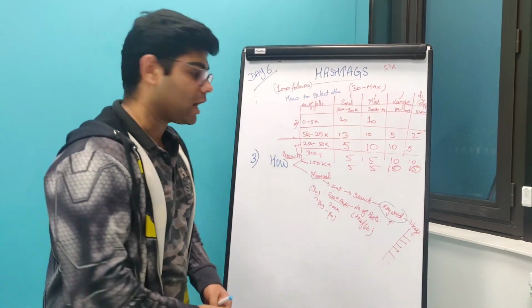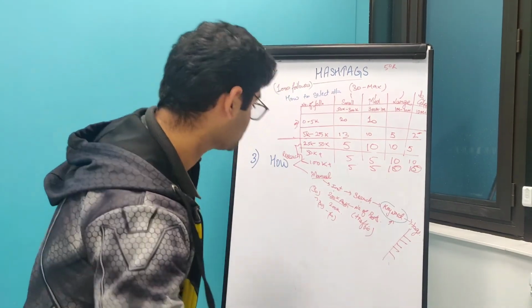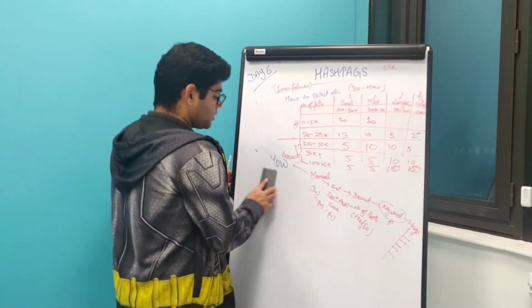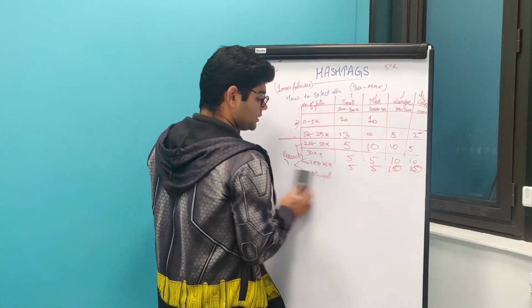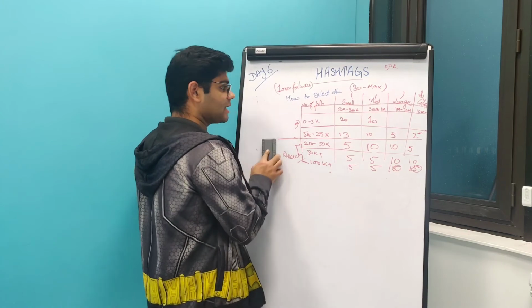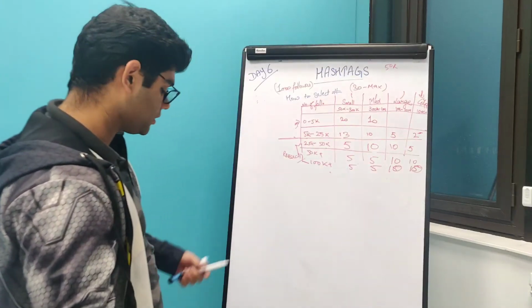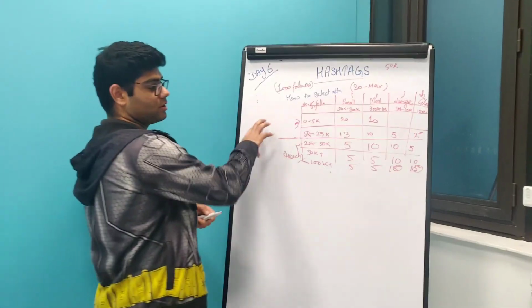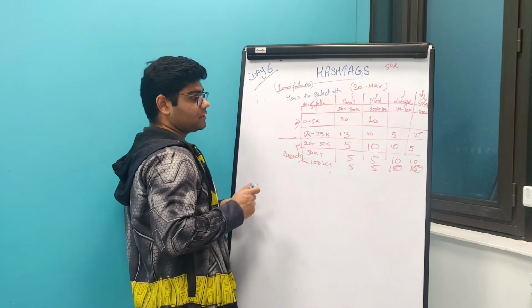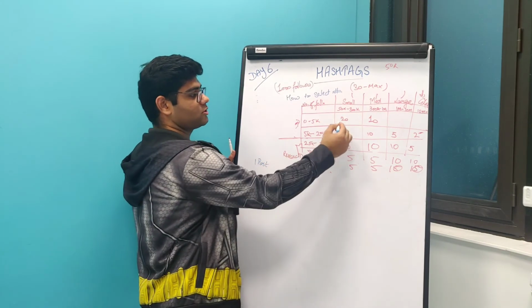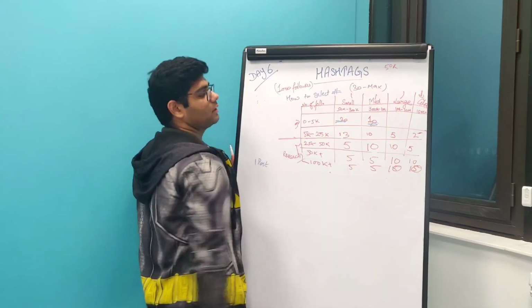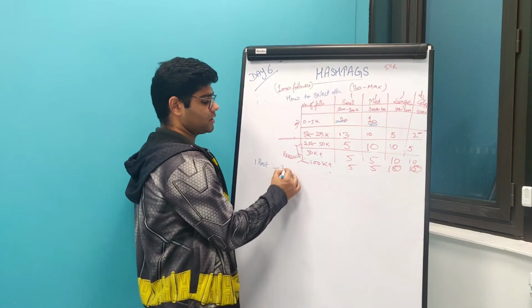Now comes the question: what do you want to do with these hashtags? You mix them up. Basically what this table means is that in one post you use 20 small and 10 big or medium, so it becomes 30 hashtags.